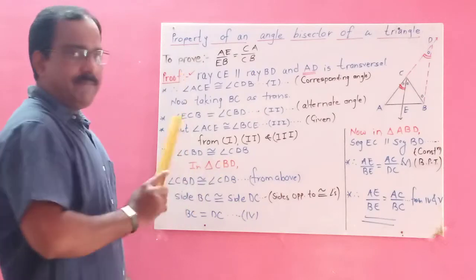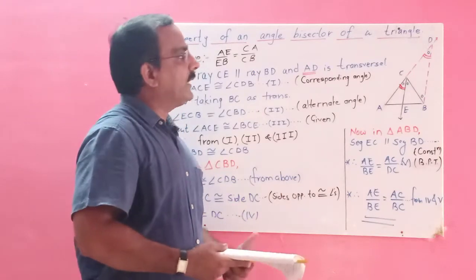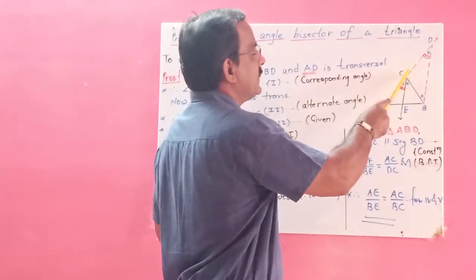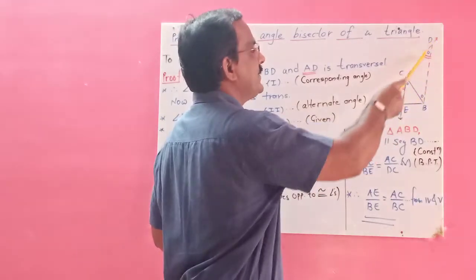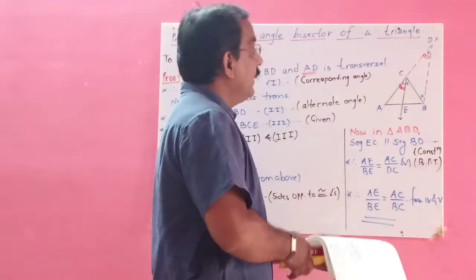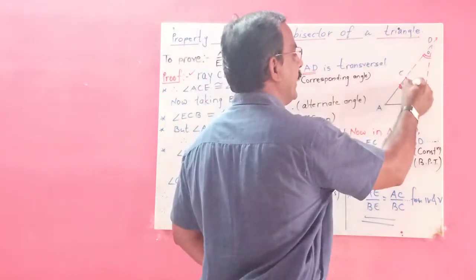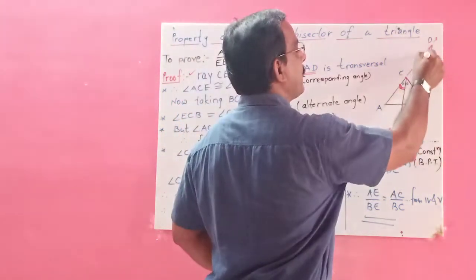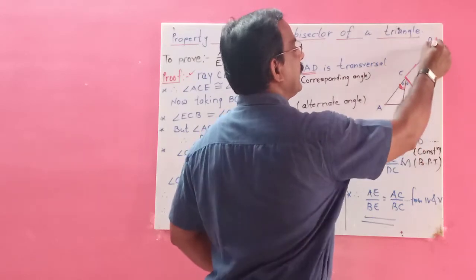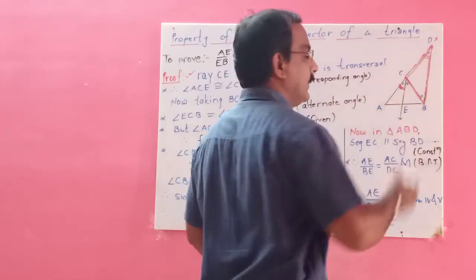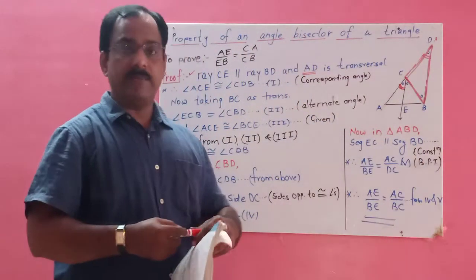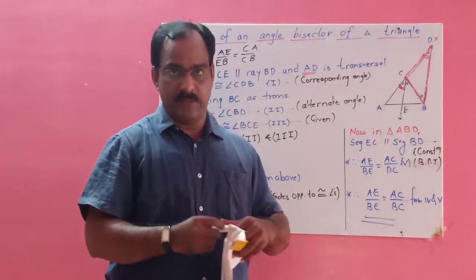Okay? After this, you should take triangle CBD, this triangle. In this triangle, in 9th standard, you have done the isosceles triangle theorem.